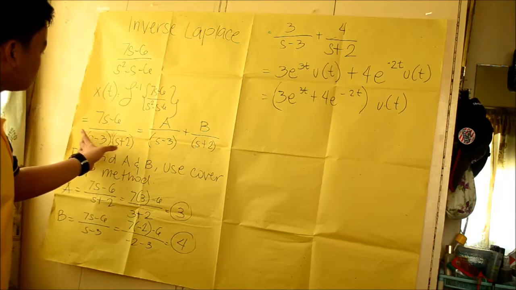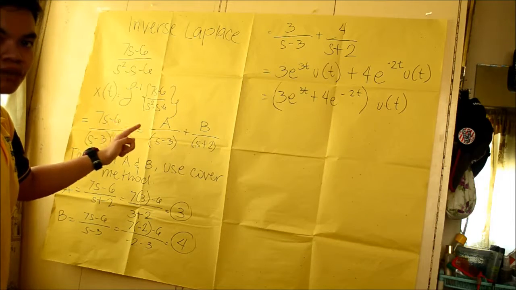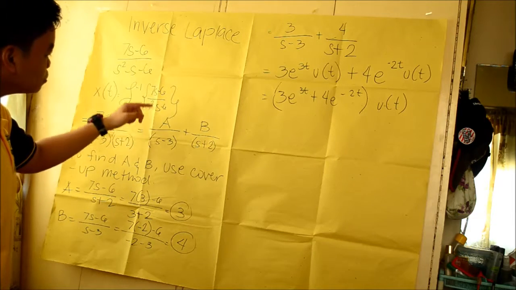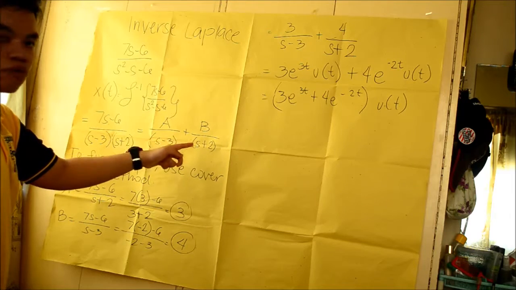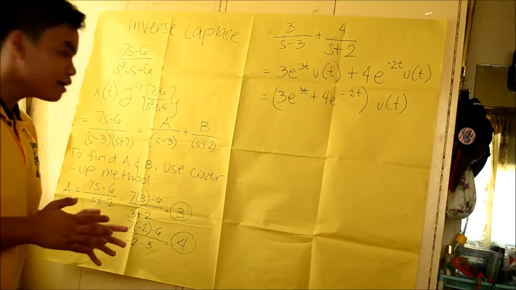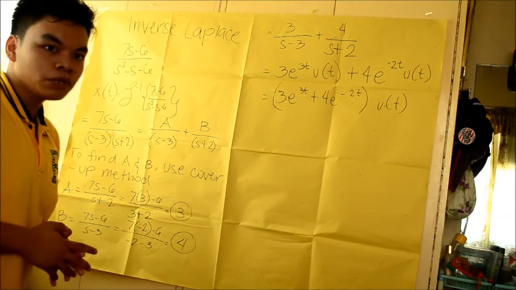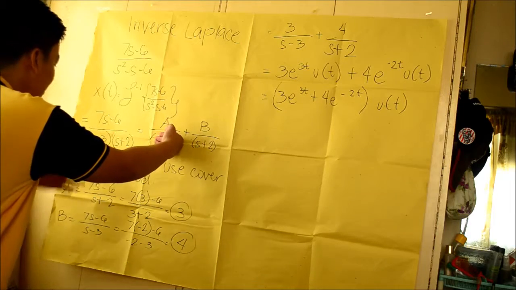Then, we will be using a partial fraction equation. So, a over s minus 3 plus b over s plus 2. To find a and b, we will use the cover-up method. So, in finding a, I will cover this and this.